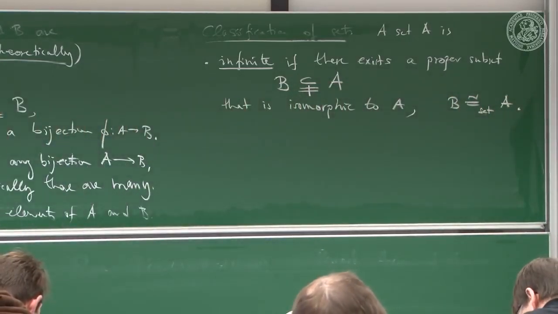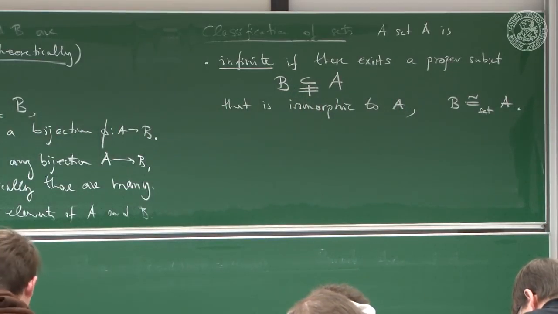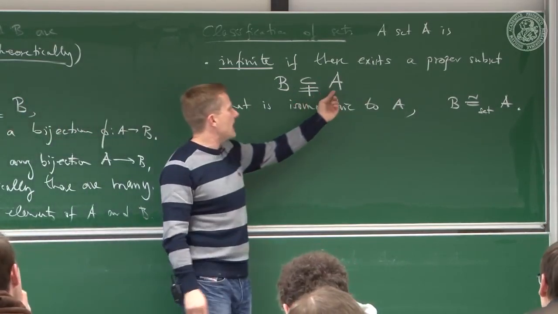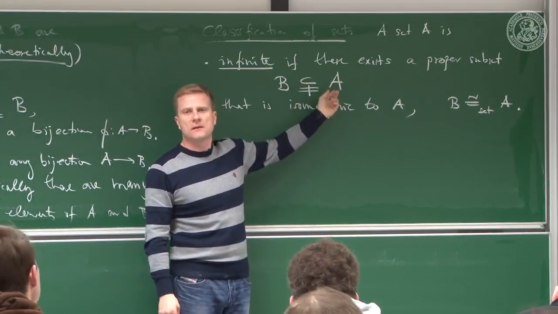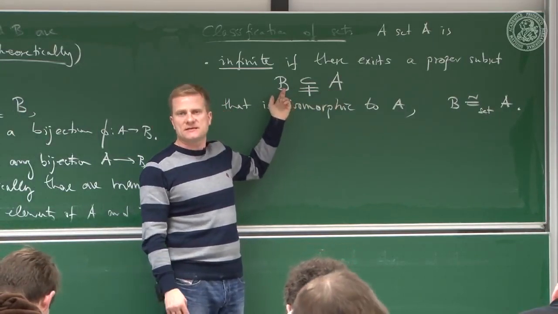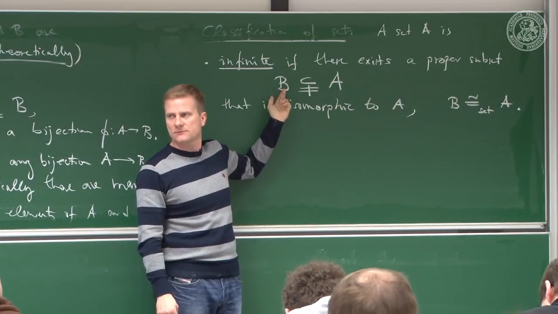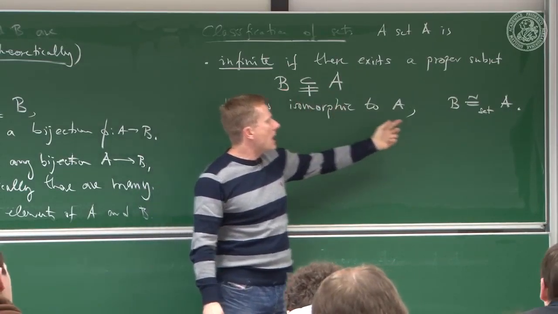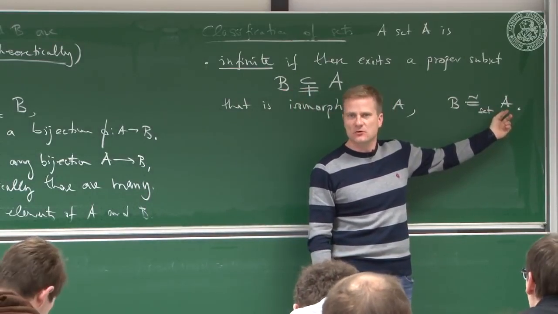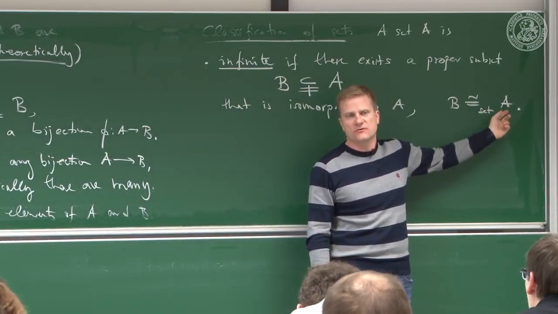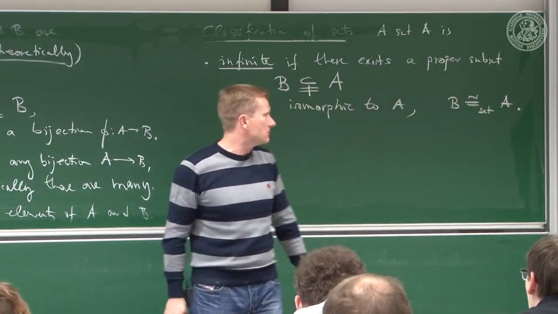Now for finite sets, that's an immediate contradiction. If you have a finite set A, say the finite set 1, 2, 3, and you have a proper subset, the set 1, 2, then 1, 2 is not isomorphic to 1, 2, 3. You don't find a bijection there. So for finite sets, this seems impossible.